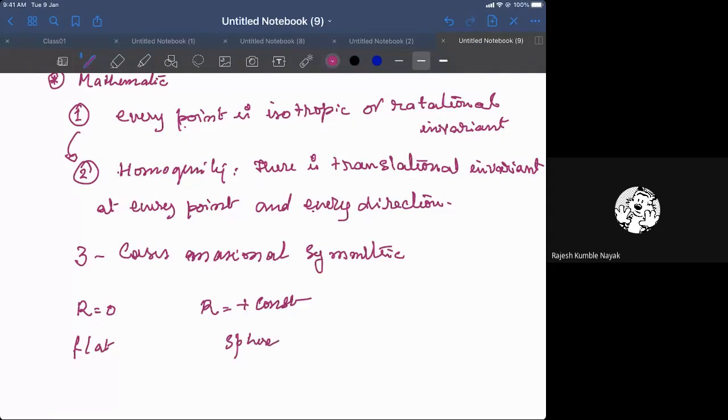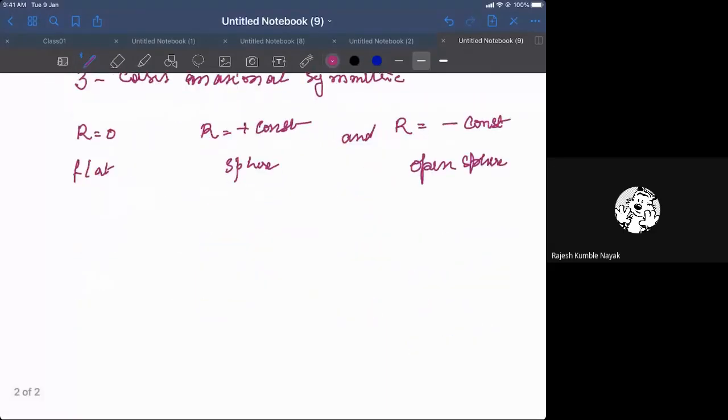And R, the Riemann curvature, equal to a negative constant is what we call an open sphere, or a sphere with negative curvature. You can see that this Copernican principle is valid for all these spaces.